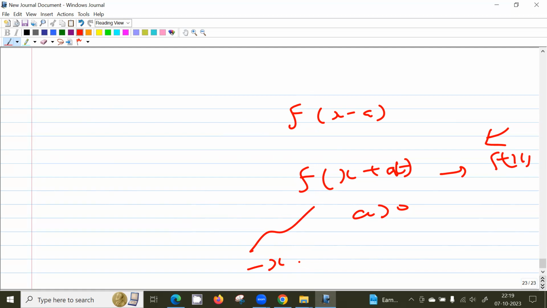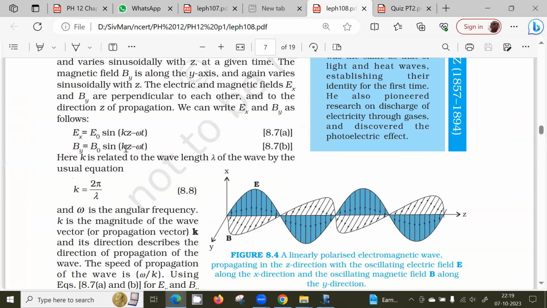Just to complicate it, I'm doing that, but here they have taken only minus, right? So if it is minus, it's traveling in the positive z direction. Suppose this was kz plus omega t, then it's traveling in the minus z direction.